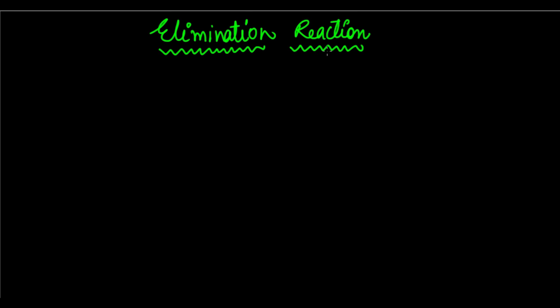So elimination, as the word suggests, it's pretty simple to understand. Elimination means to eliminate, to remove something, right? So basically, it is a kind of reaction in which some particular group of atoms or some particular substance is removed from an organic compound.